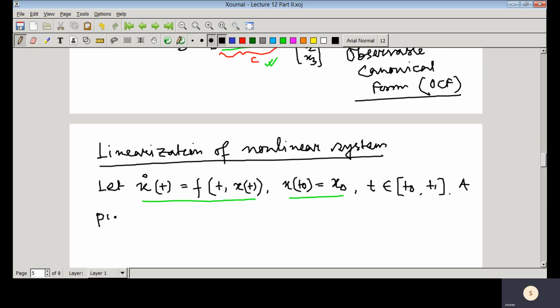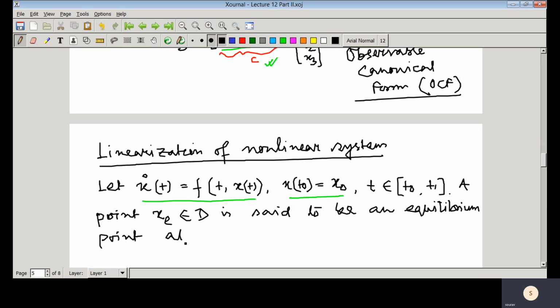A point means a coordinate in the state space. A point xe in the state space is said to be an equilibrium point at time te. This is very important in the case of nonlinear systems.